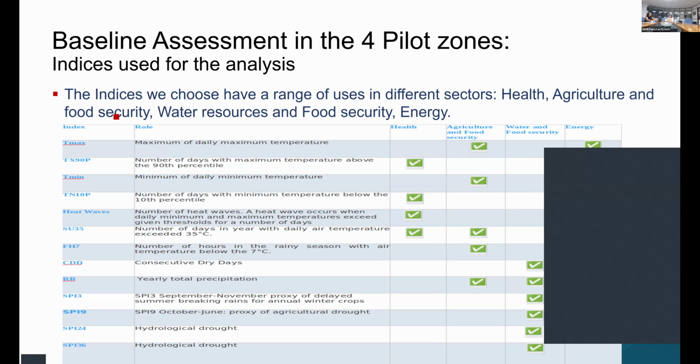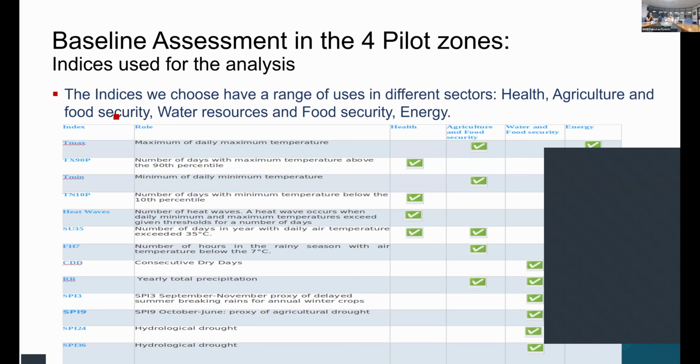Hot wave days and consecutive dry days, CDD, provide insights into extreme events, which are critical for assessing agricultural productivity and water resources management, as these events can severely impact crop yields and water availability.